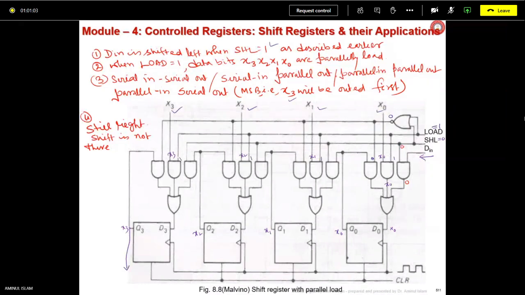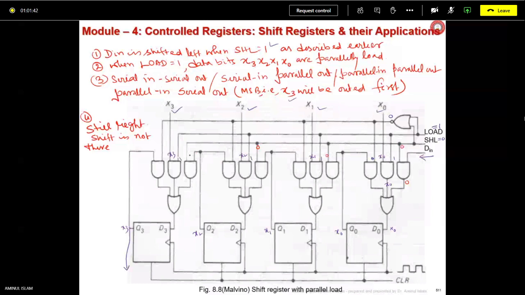Now consider the retain operation. Shift left SHL equals 0. If it is 0, then this is 0, of course, all 0. Now what is happening here?